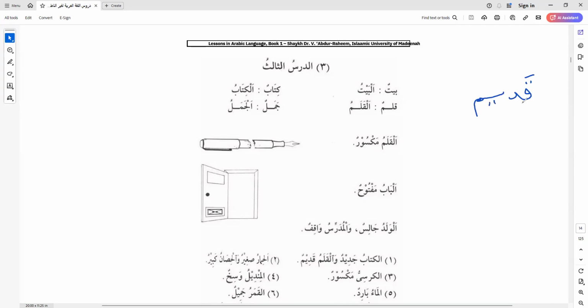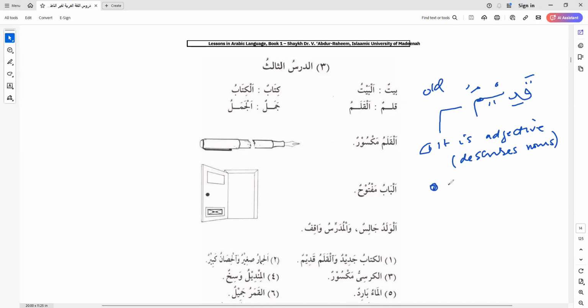Qadim, it is an adjective. And remember, adjective describes nouns. They talk about nouns. Now, the qadim, it means old.